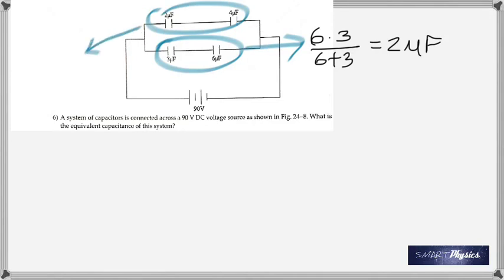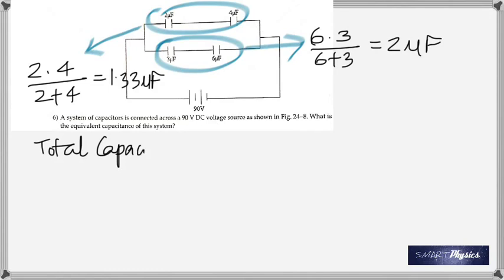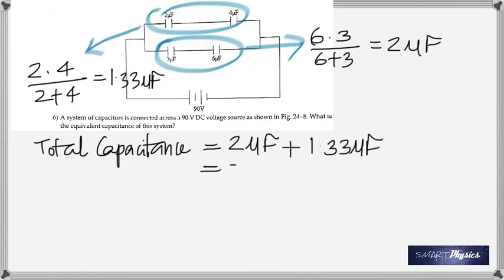And do the same with the other one, because those two are also in series with each other. Product divided by sum. And then those two combinations are in parallel. Therefore, you just add them up to get the total capacitance. And you get 3.33 microfarads. That's the answer.